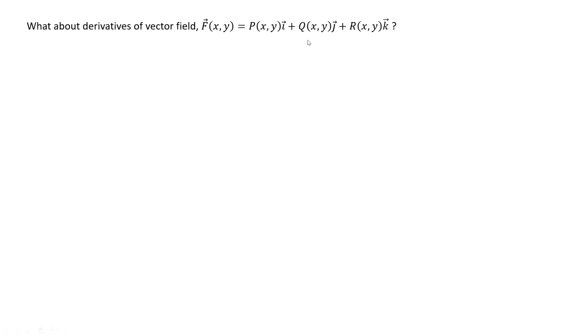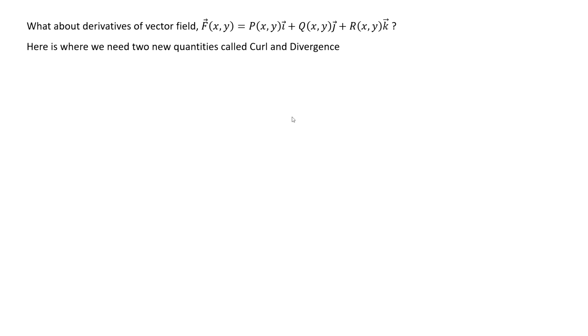Well, the i, j, k it's got, that's interesting. So its components are just dependent on x and y, but it's got three components, all the i, j, k components. Okay, what about derivatives of a vector field like this? And the answer is, here is where we need two new quantities called curl and divergence.